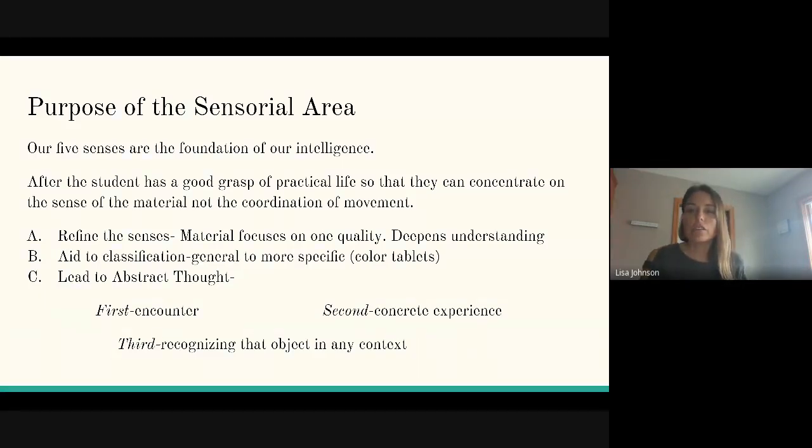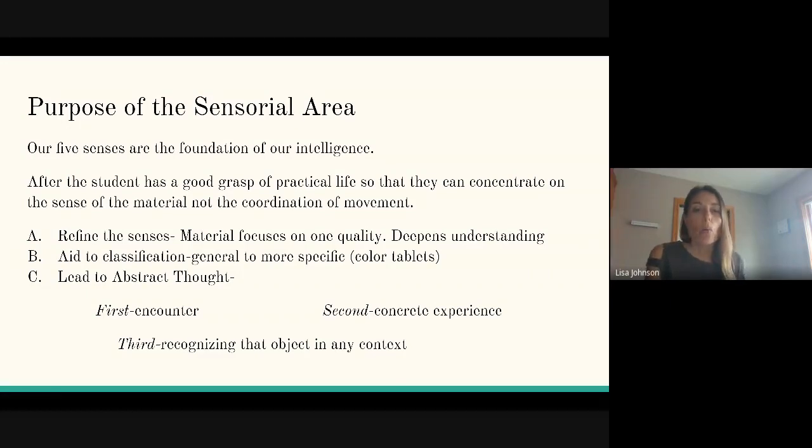These materials are very consistent through Montessori classrooms, whether you're in Paris, France, or somewhere in China. These sensorial materials are ever present in the Montessori classroom. Practical life can differ, but sensorial is pretty much the same all over.